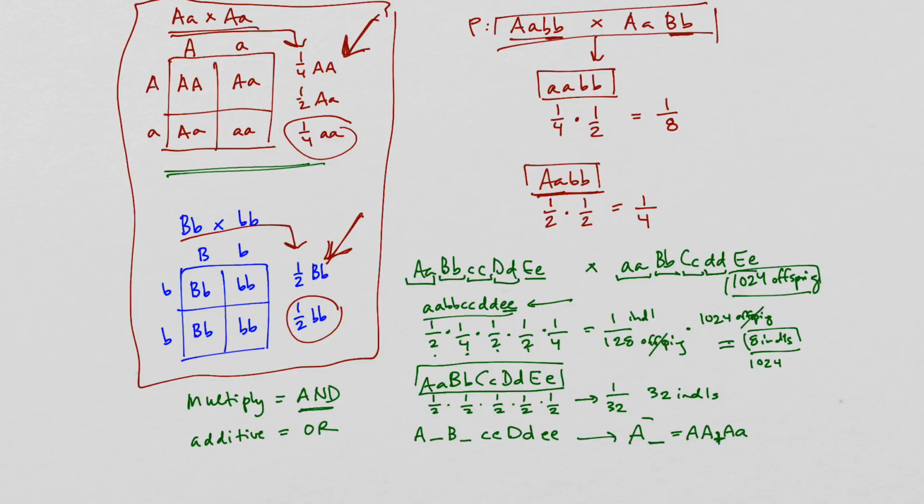The probability of finding this genotype is the probability of finding this plus the probability of finding that.